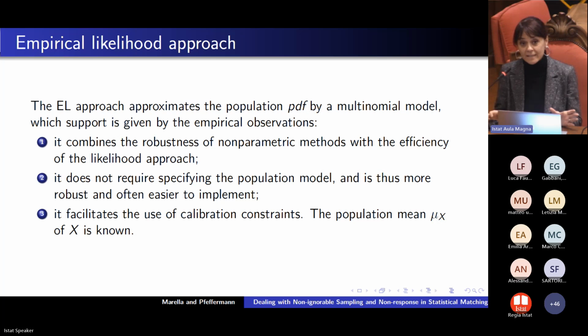The main advantages of this approach are, first of all, it does not require specifying the population model, and second, it facilitates the use of calibration constraints. This means that if the population means of some covariates are known, we can insert this information in the maximization of the empirical likelihood, and then we can improve the accuracy of survey estimates.